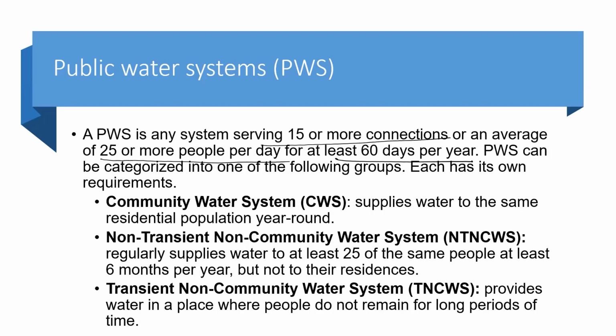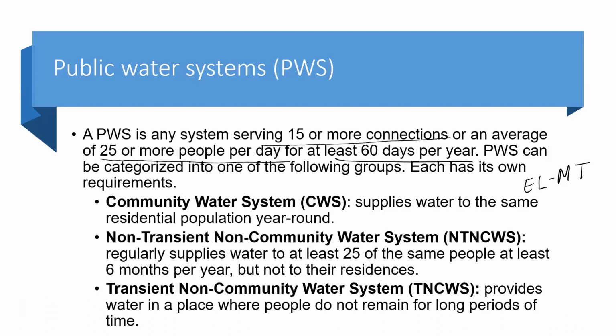And these are categorized as either a community water supply. So obviously, if you're in East Lansing, Meridian Township, the East Lansing Meridian Township is a community water system. If you're in Lansing, Board of Water and Light, it's a community water system.